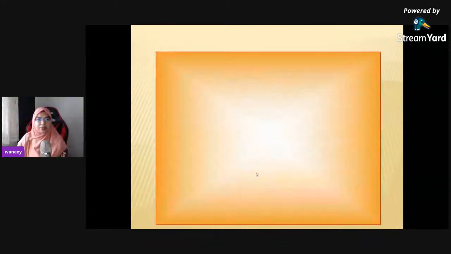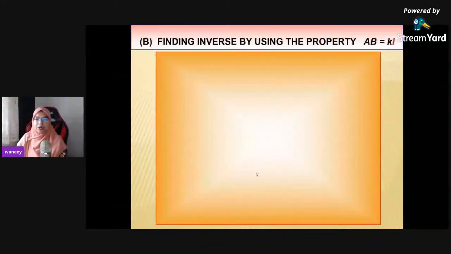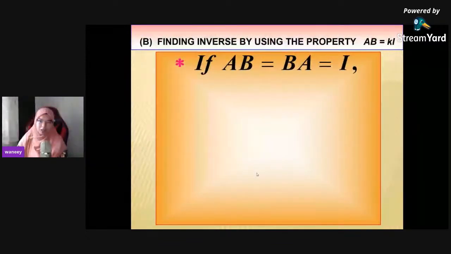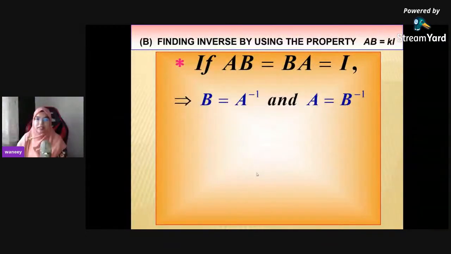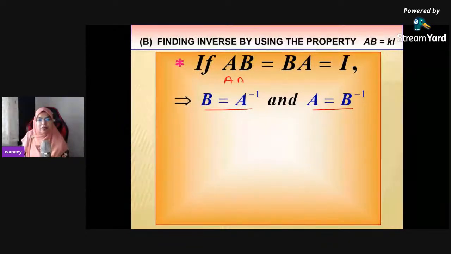Okay, next. Finding the inverse by using the property AB equal to kI. If AB equals BA equals I, what we can say is that A is definitely equal to B inverse and B is definitely equal to A inverse, because only A times A inverse can get I and only B multiplied with B inverse can get I. So that means B must be A inverse and A must be B inverse.